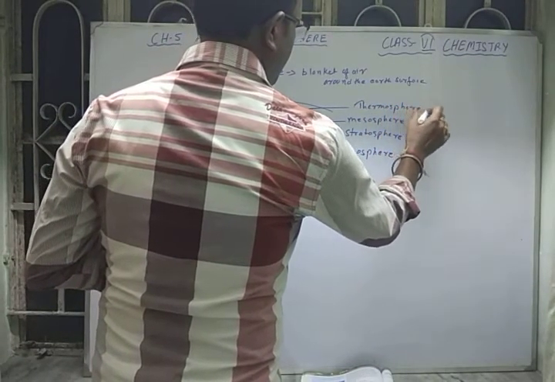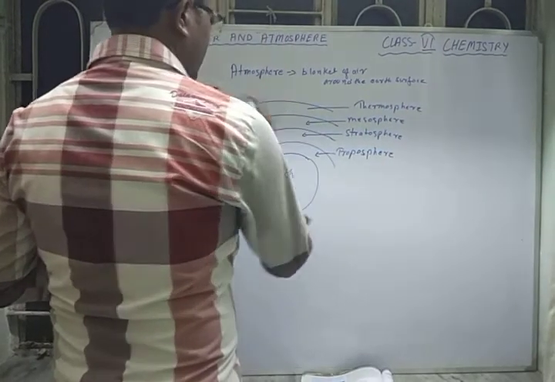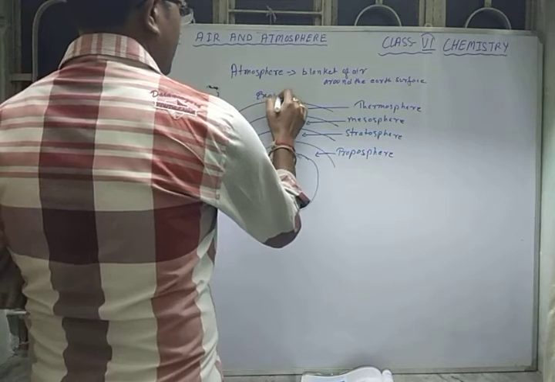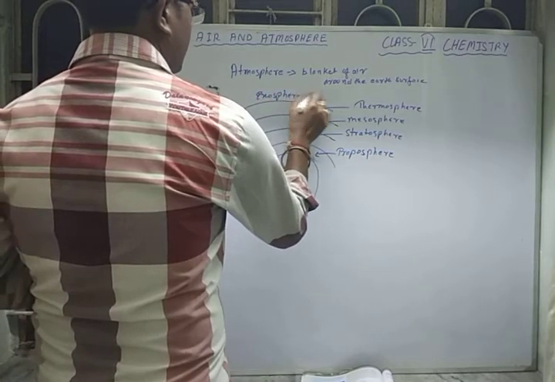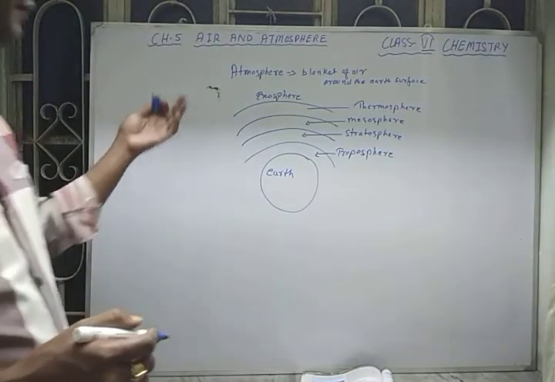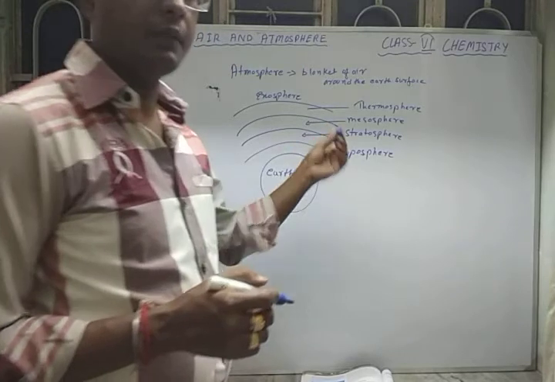And above the thermosphere is called the exosphere. This is the exosphere. Then what is the difference between these different layers of atmosphere?